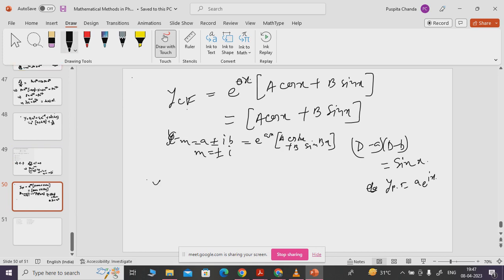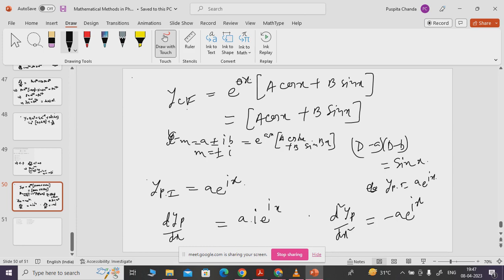So we can assume the particular integral as a e^(ix). So y_p = a e^(ix), dy_p/dx = a i e^(ix), and d2y_p/dx² = -a e^(ix).